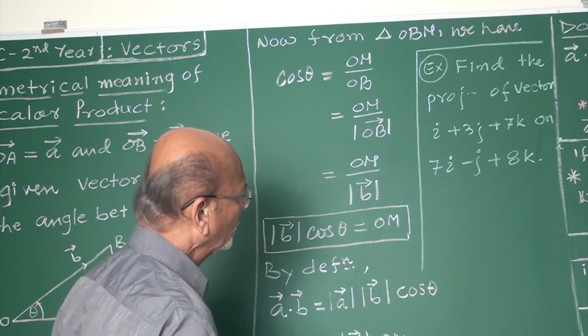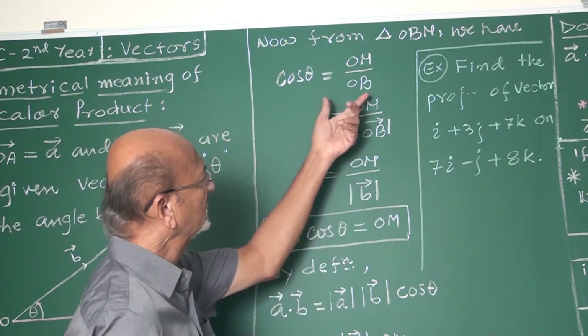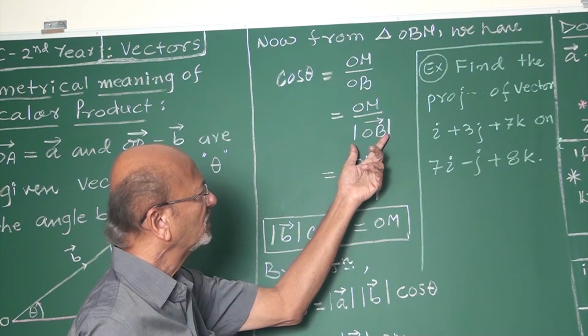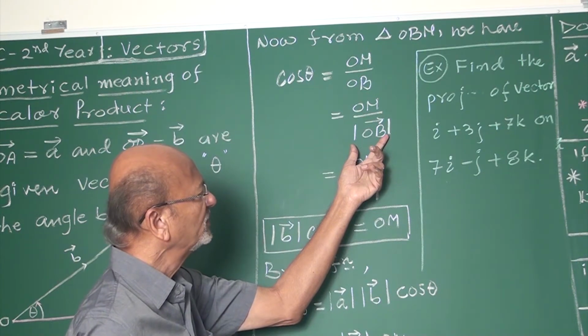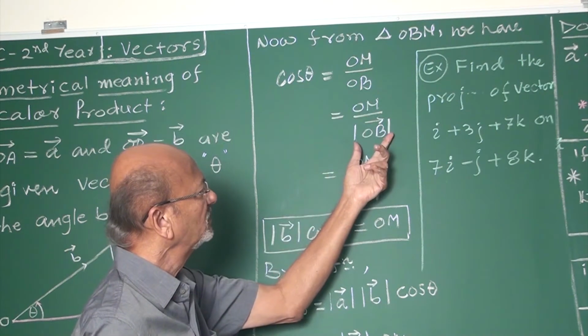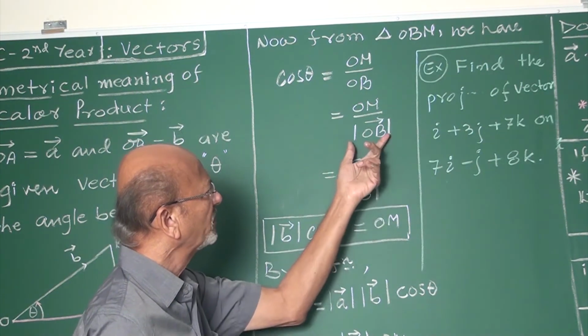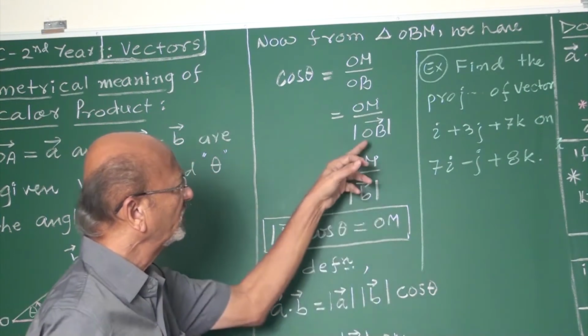What is this OB? OB is a line segment. This line segment can be converted into the magnitude of a directed line segment, a vector. OB is nothing but the magnitude of vector OB. This magnitude means length. But what is this OB?